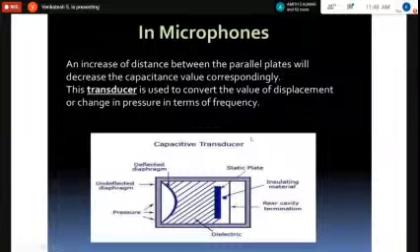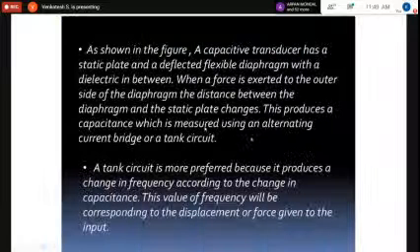And there is a cavity chamber for termination of the microphone. An increase of distance between the parallel plates will decrease the capacitance value correspondingly. This transducer is used to convert displacement or change in pressure in terms of frequency. So this application is very important.